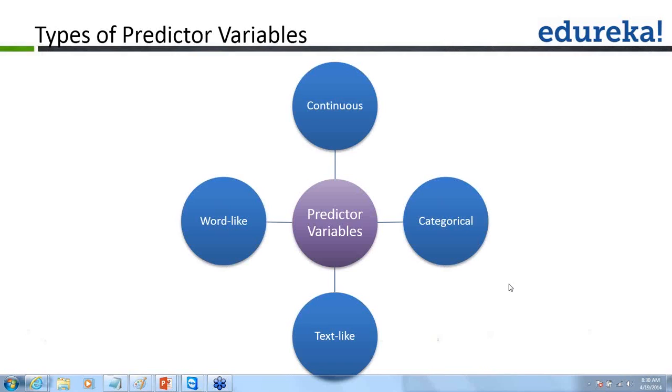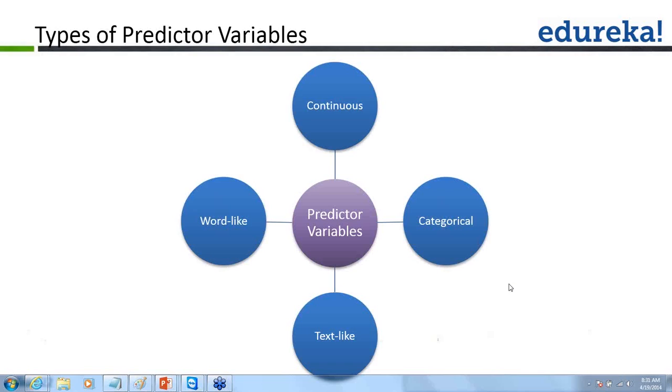The categorical one is generally a Boolean value, which is treated as categorical. It is a pre-specified value, simply true or false, or yes and no. For example, if the color of this particular ball is red or green, a yes or no sort of answer, that falls under categorical. Word-like is an open-ended set of possible values, your simple text values.